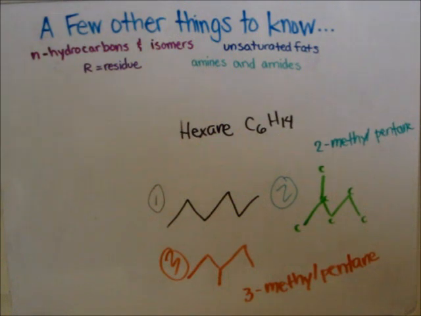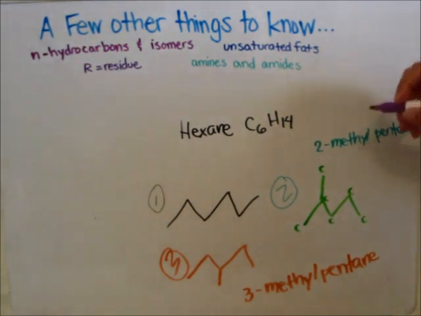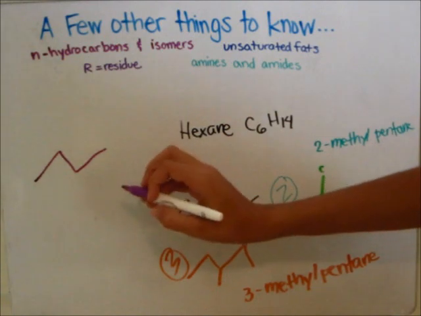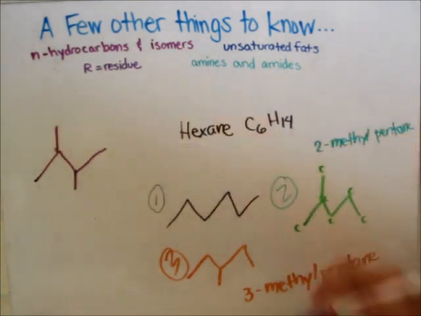Can we think of other ways to make something that has 6 carbons and 14 hydrogens? Well, here's another way. Go like that. So there's 4, like butane, and there's 2 branches.